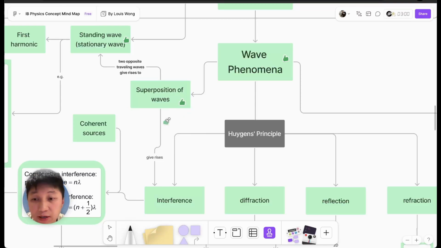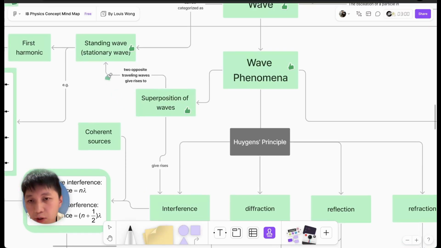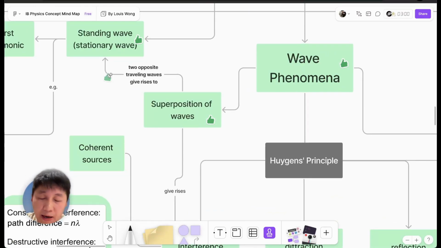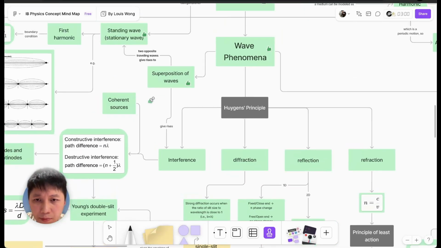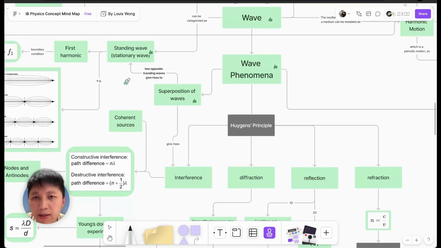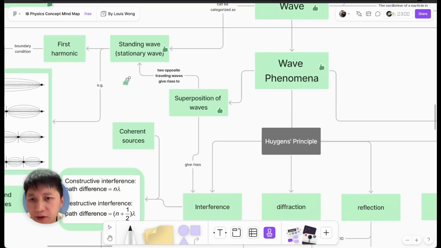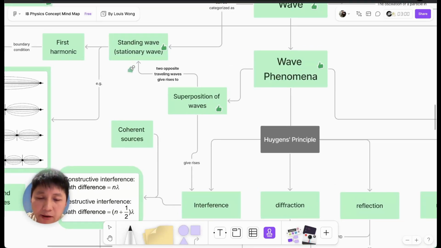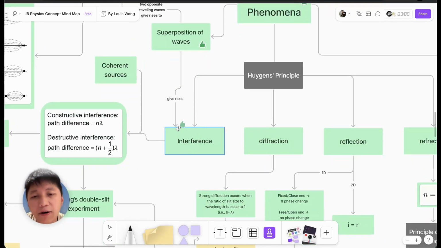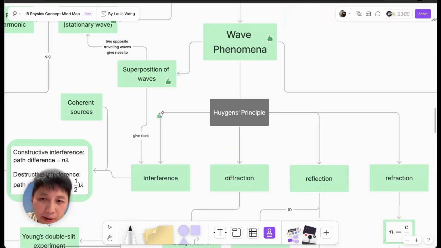One very easy and simple idea and principle is called the superposition of waves, or principle of superposition, which tells you what you may expect in terms of the amplitude when two waves are overlapping each other. And because of this simple but important principle, we can have something called the standing wave forming, and also the idea of interference later on. We'll come back to this one later.